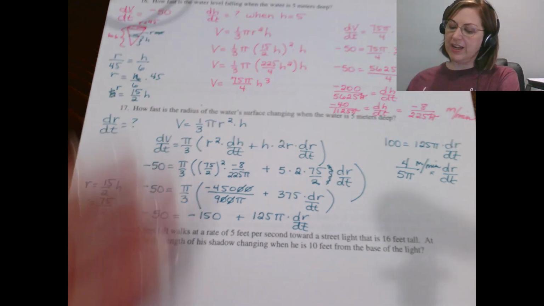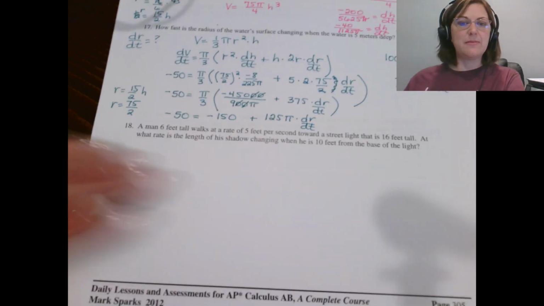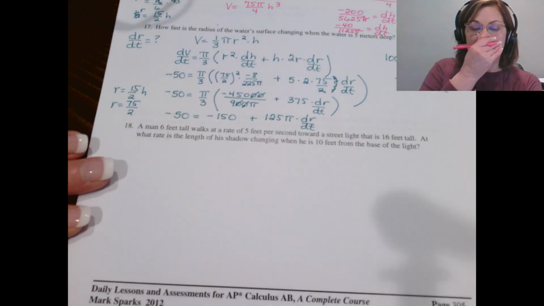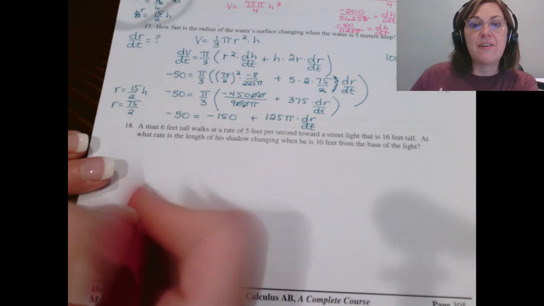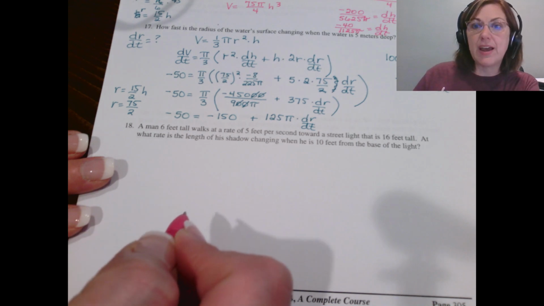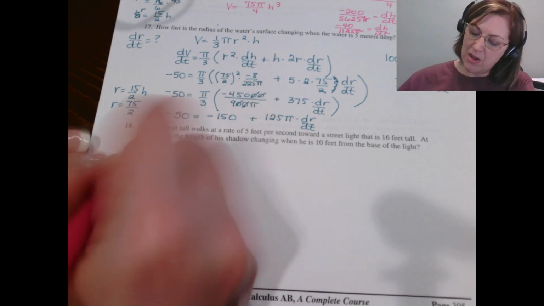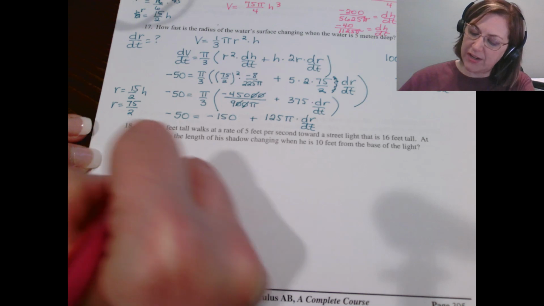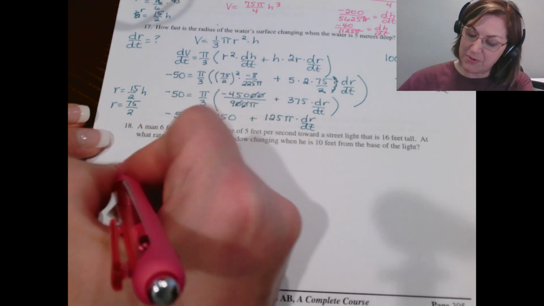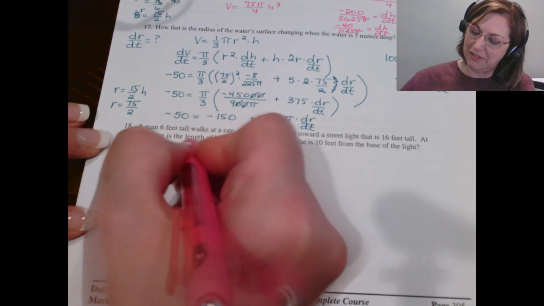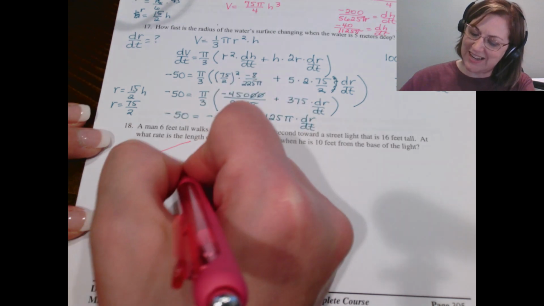All right, keep working along here on number 18. A man 6 feet tall walks at a rate of 5 feet per second towards a street light that is 16 feet tall. The man's height isn't changing, and your street light's not changing.